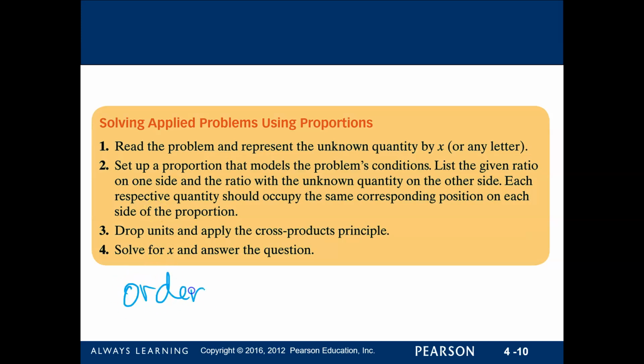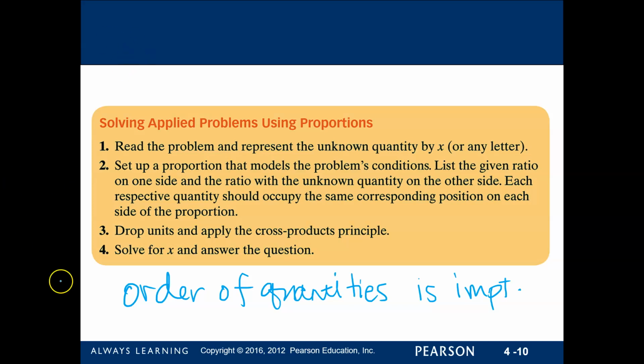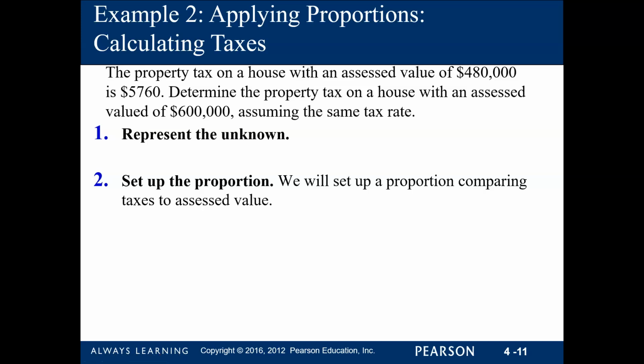The order of quantities, when you write it down, needs to be consistent. The order of quantities is important, okay? So when you have, let's say, girls over boys, then in your second ratio, it should be representing the number of girls over boys as well. All right?